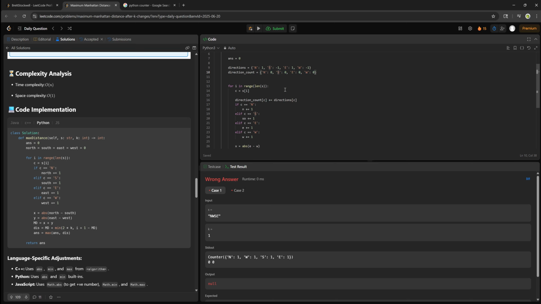So if our current is at S, we're going to be either adding or subtracting to this. And then we're also looking at directions, so we're going to be looking at the values of these, and we're going to be either adding or subtracting these values to these counts. That should work, I believe.